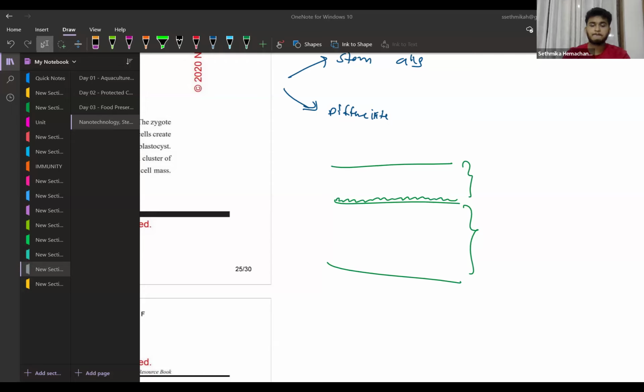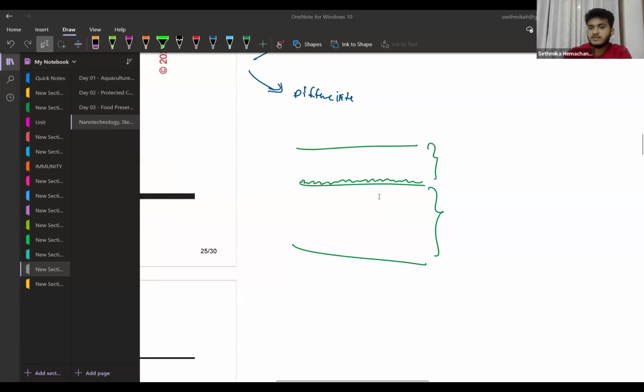Yes, right? The germinative layer, right?